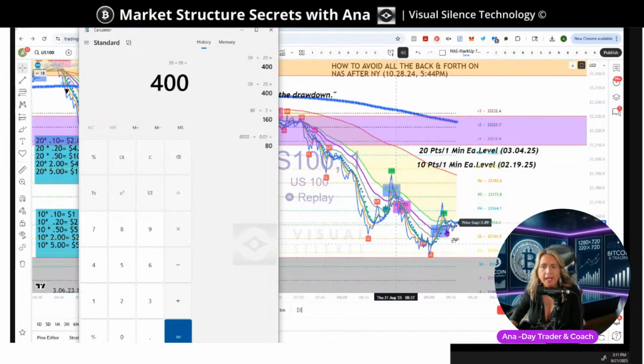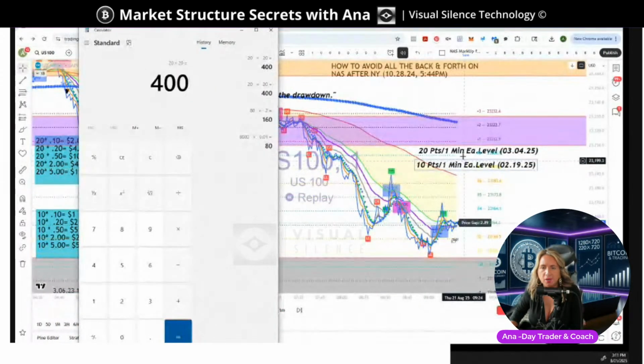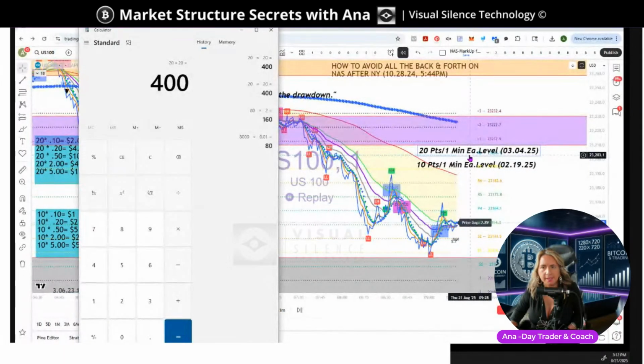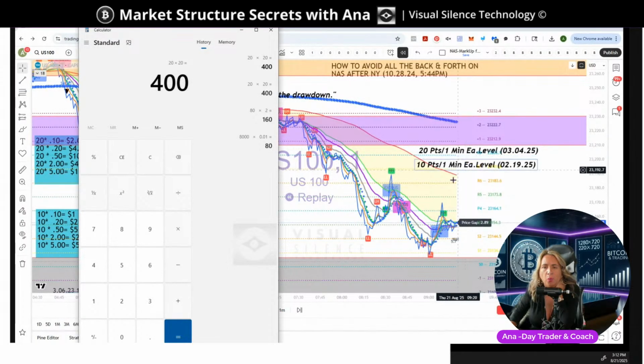So that's why I like to have this information written on my chart so I can know quickly what it is. Now, I have old dates here because I like to see the history of things and see how the market changed. You might wonder why one week it would be 10 points and the next week 20 points between each level.